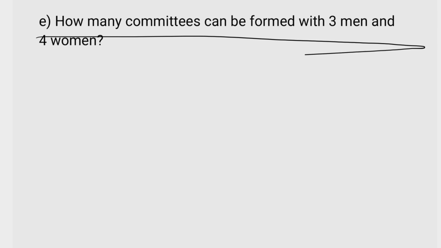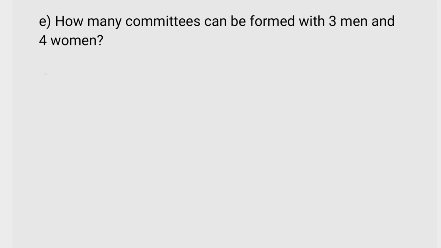How many committees can be formed with 3 men and 4 women? That's 12 choose 3 multiplied by 11 choose 4. Remember, we use the multiplication rule because it's all part of the same case.